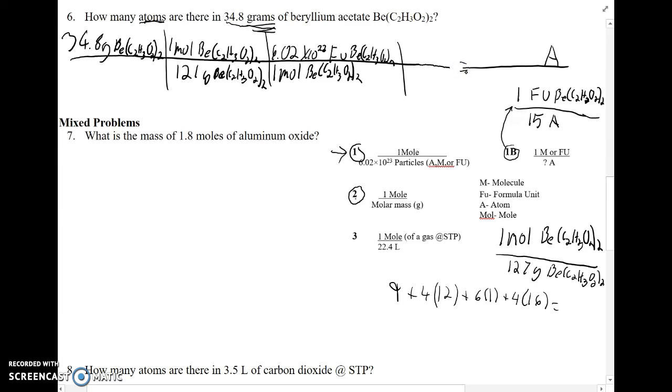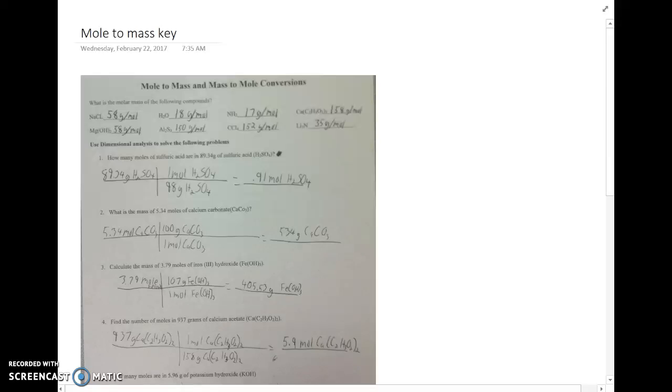All right, so now I'm in formula units, and again, beryllium acetate is an ionic compound, so it's a formula unit. I can't just call this atoms, right? We're talking about beryllium acetate. So now I'm going to use my 1B conversion factor to convert from formula units to atoms.